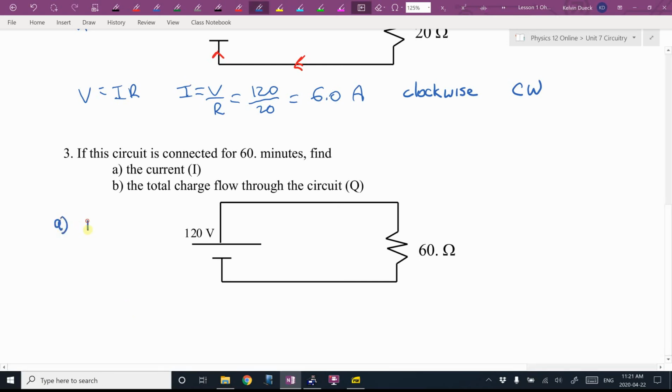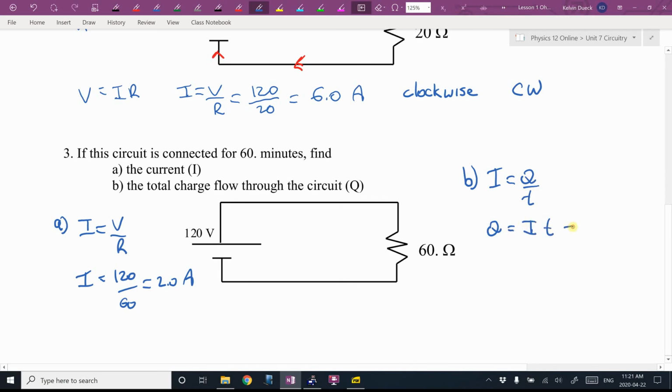A, current, well, that's going to be V over R. That's going to be 120 divided by 60. So this circuit is using up 2 amps. And then for part B, well, current is charge over time. So once again, we have Q is It.